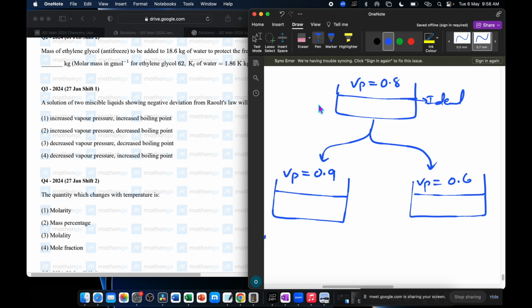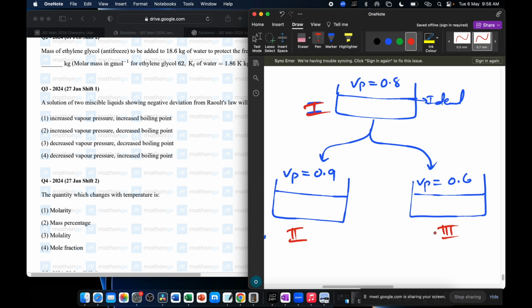So you have to tell, first one is ideal, second one and third one are non-ideal, but which is positive, which is negative? Is the second one positive deviation or negative deviation?